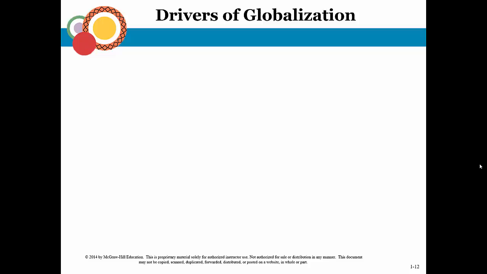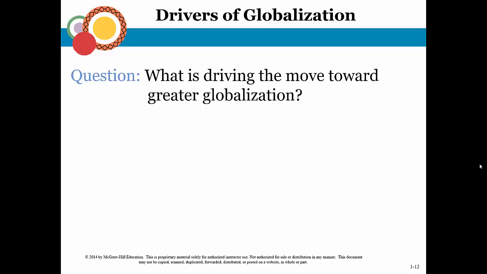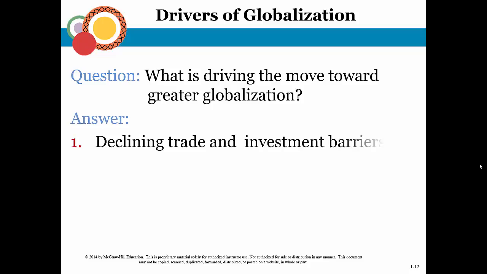So that raises the question, what is driving greater globalization? And when we think about that answer, we've already mentioned some of it. There's a steady decline of barriers when we talk about trade and investment. A lot of these have been lifted post World War II, and economies stimulated to interact with each other.